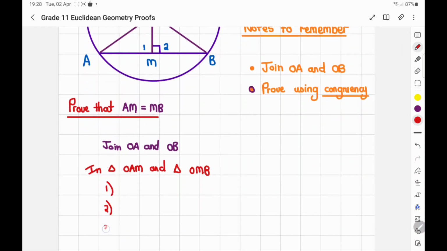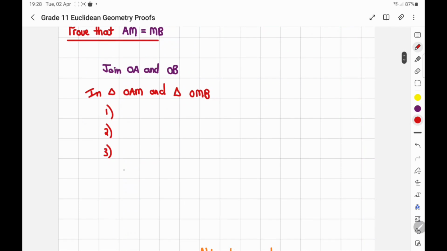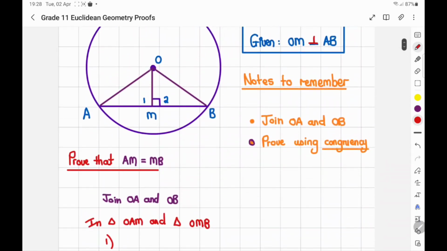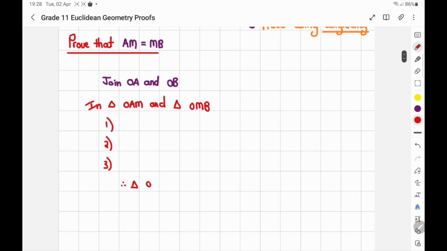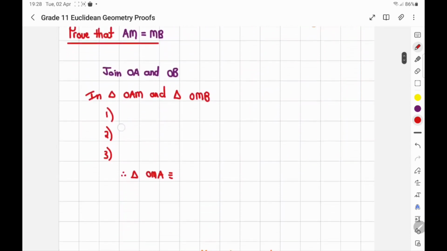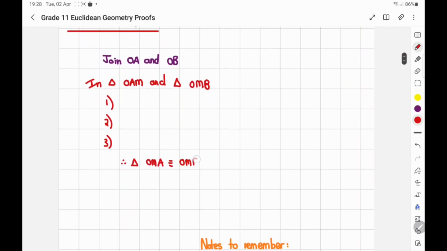Then you're going to say thus triangle OMA is congruent to triangle OMB, and we know that we'll have to use right angle hypotenuse side.